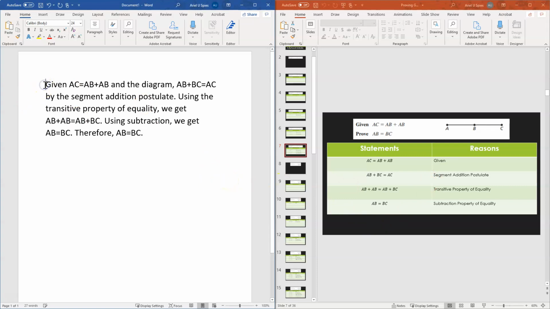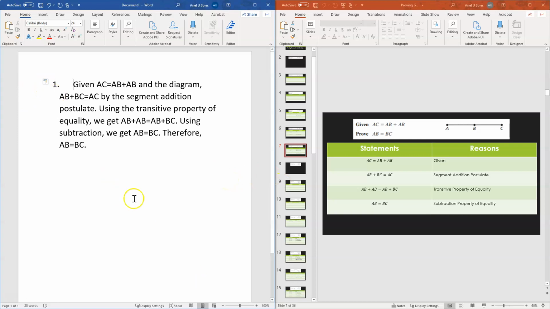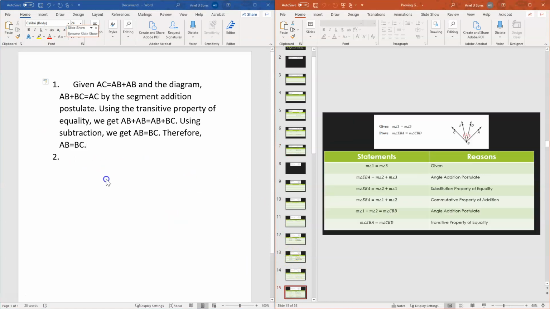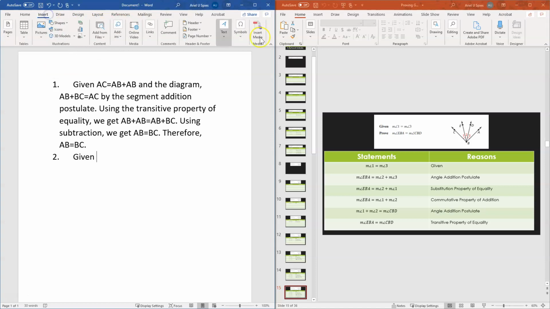So I will just number this so you can see that one as I do the next one. Here was the second proof we did. So then I would say, same thing, given measure of, I don't know if your versions of Word have this, but if I go to insert and under symbol, there's an equation.